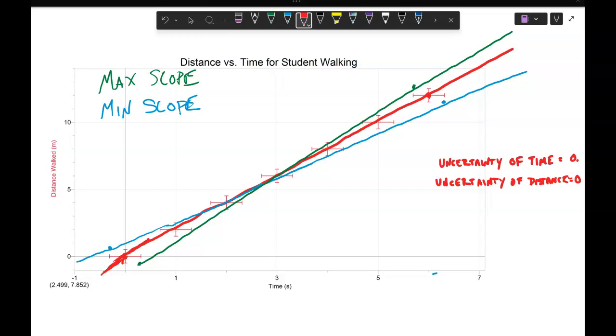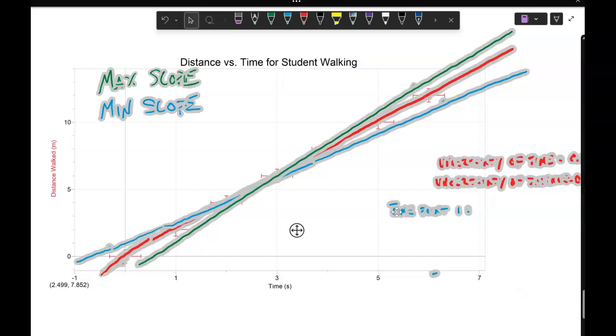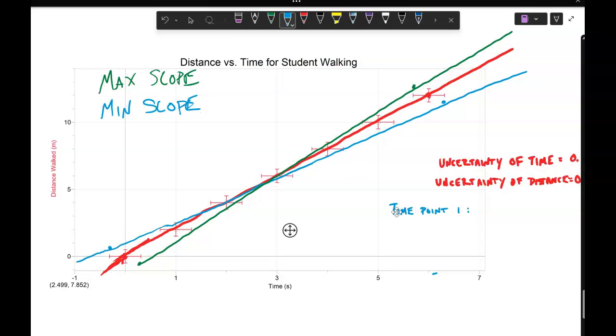And then if we find the range divided by 2 here, we will have the uncertainty in the slope. Okay, so for time point 1, and this is going to be the minimum, this is going to be the 0 point, so that beginning, minus the uncertainty in time, right?